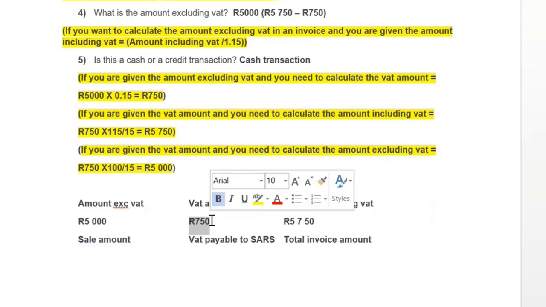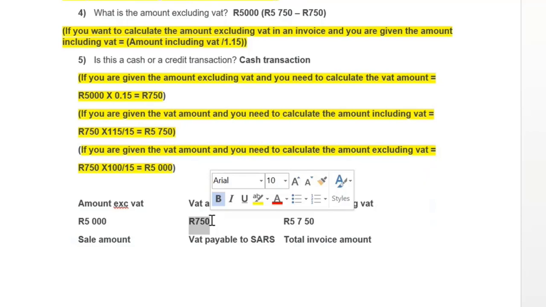But if the revenue is less than 500,000, those companies pay SARS every 2 months. But with a turnover of over 1 million, you need to make sure that you submit your VAT 201 on a monthly basis.